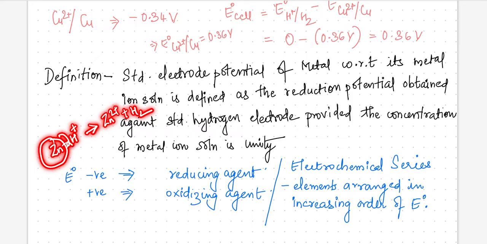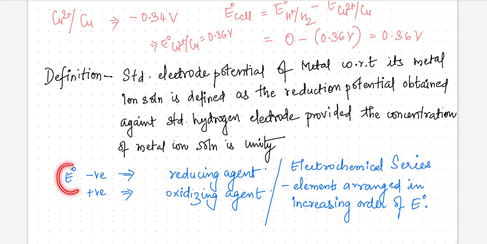That is what you have to keep in mind. And if it is a positive value, then that means it's a good oxidizing agent. It won't be able to displace hydrogen from its solution. Thus the E naught value is very useful in order to understand the direction of reactions, especially those involving redox reactions.